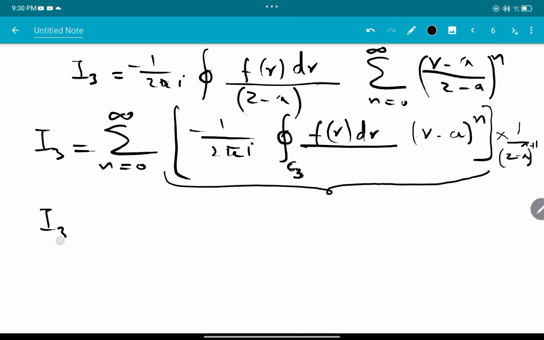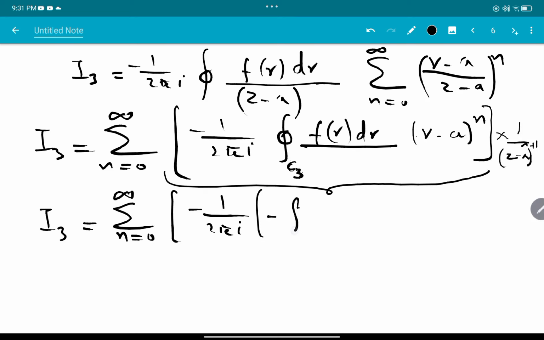This means that I can write I3 is equal to sigma n equal to 0 to infinity, then 1 by 2 pi i into this much, integral over minus C3.